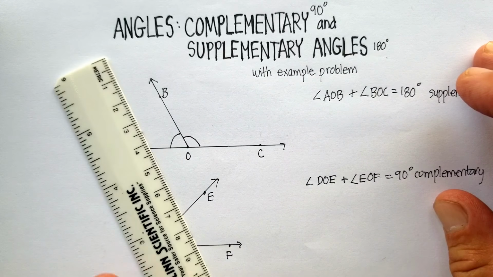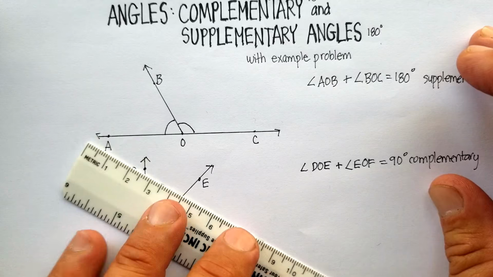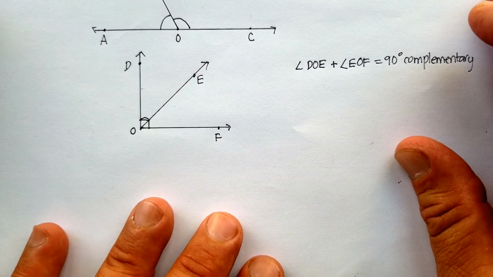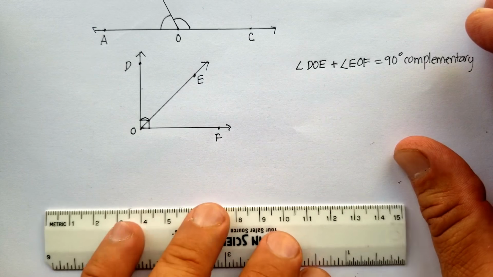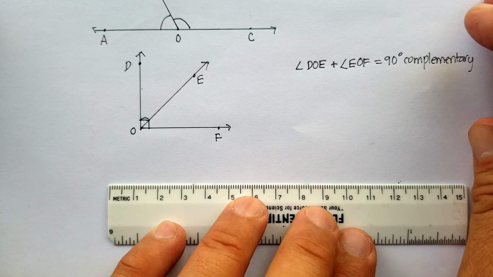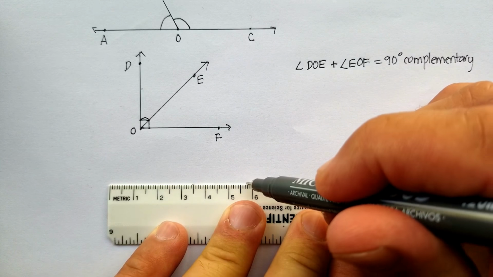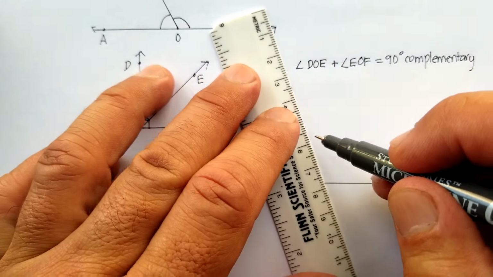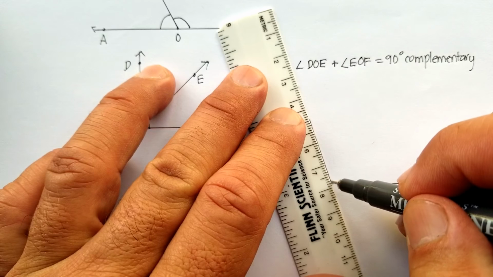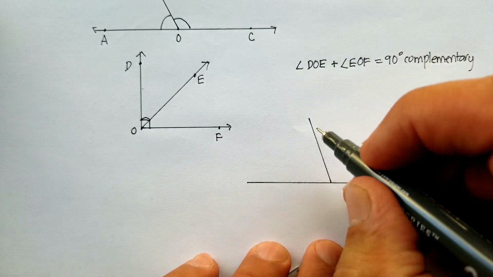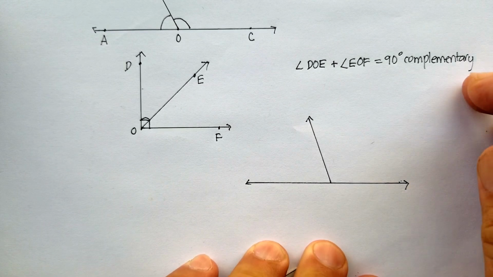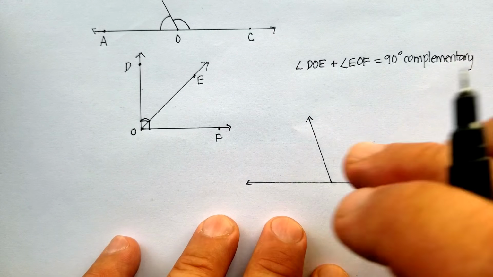Now here's an example of something that you might see in a geometry problem. Let me just move this down a little bit further. Here's an example problem for you. So let's say I have a straight line and I have an angle coming out there, just like I did up top. And I know something about these angles.